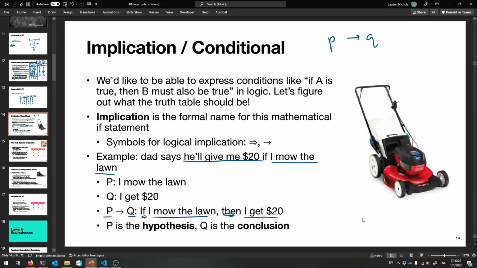That's what the arrow stands for, if then. And the first thing, the if part, that's called the hypothesis, so if this is true. And then Q is called the conclusion. So if the P is true, then the Q is true. Yeah, that's the idea. And so let's figure out what in the world this truth table should be.